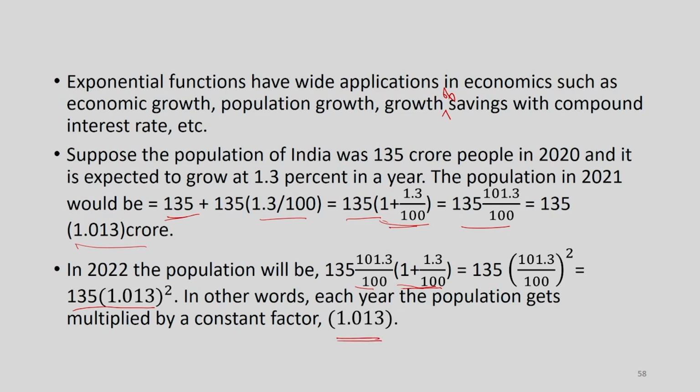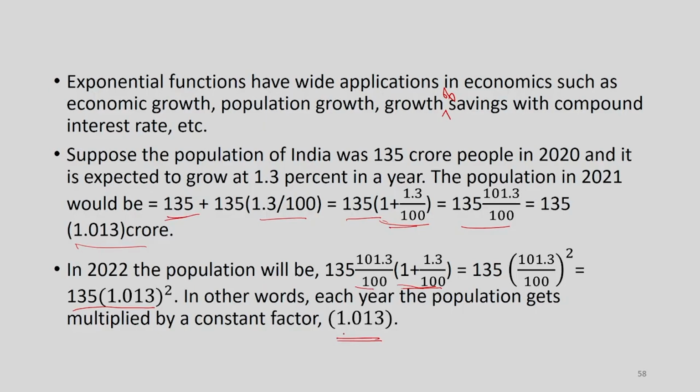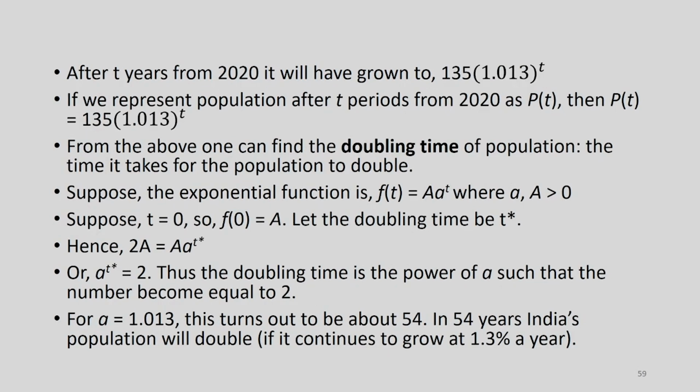Remember, when we talked about exponential growth, I said that each year the value is getting multiplied by a constant factor, that is small a. Here that small a is this number 1.013. After t years from 2020, it will have grown to 135 multiplied by 1.013 to the power t.